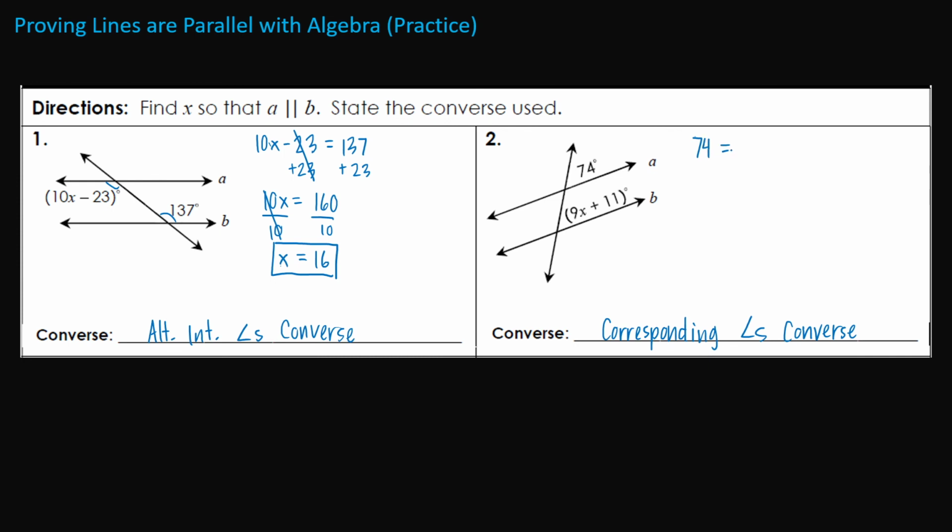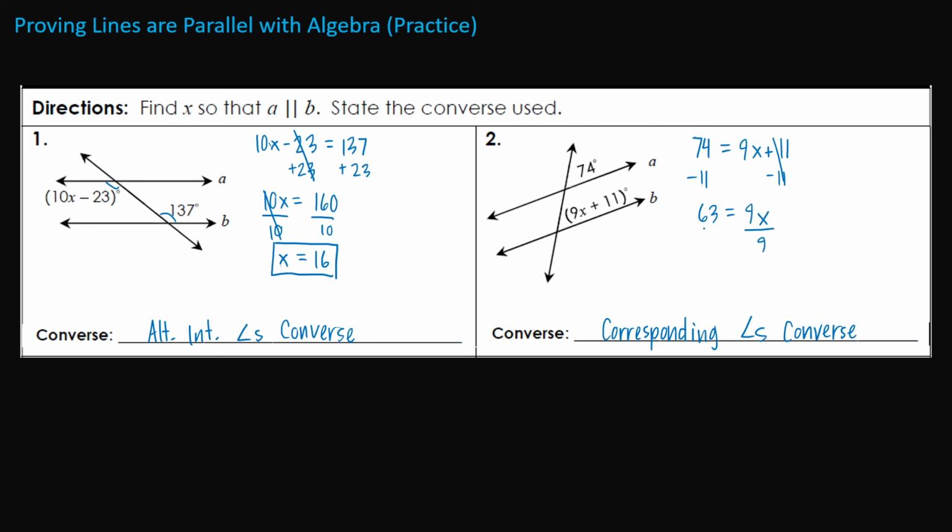74 equals 9x plus 11. So I'm going to subtract 11 from both sides of the equation. This is eliminated, and we get 63 is equal to 9x.